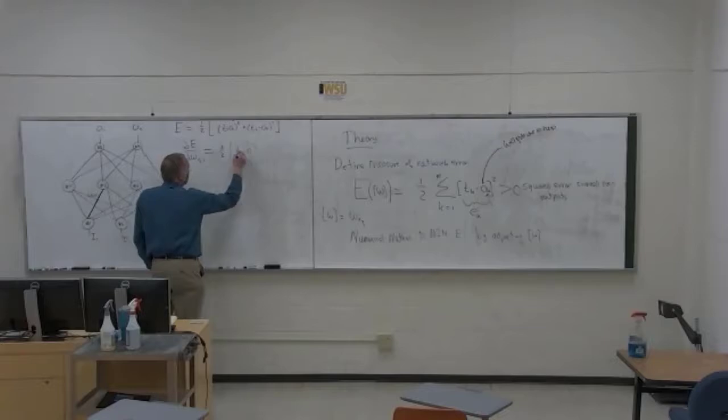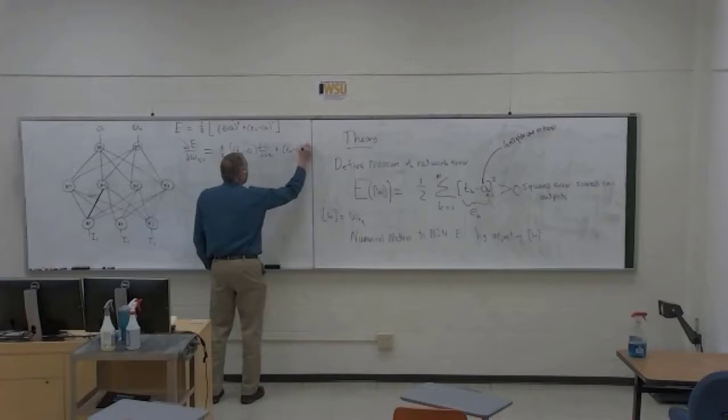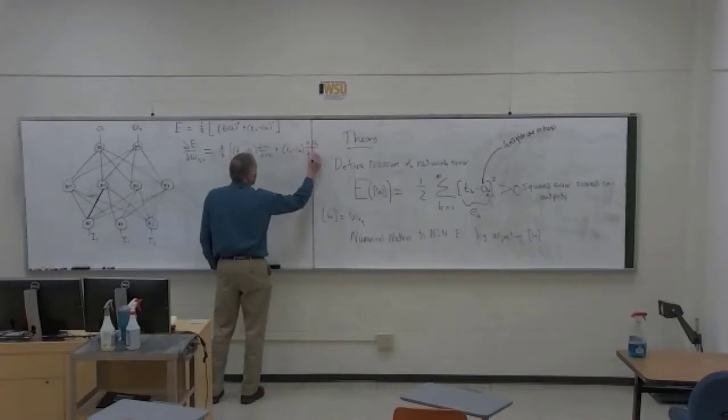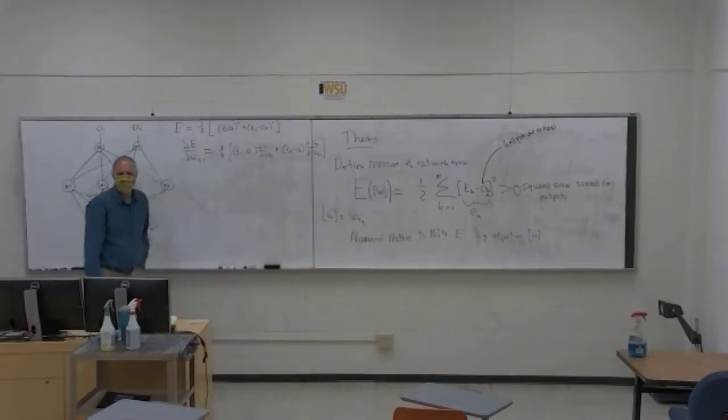T1 minus O1, and then here's the derivative of O1 with respect to W51 because it depends on it. And here's T2 minus O2 times the derivative of O2. So far, so good.